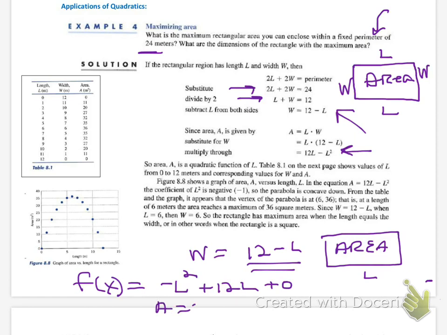Well, your A is negative 1, and your B is 12, and your C is 0. So what is your vertex? Your vertex is your X and your Y. So let's think about that for a second. As we're thinking about that, I want you to look at this parabolic shape. That is your area function. If we just analyze the graph, we could figure out where the max would be. But we are able to do more than just analyze the graph, because we have an equation for the vertex.